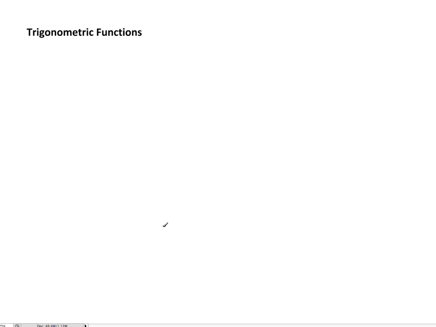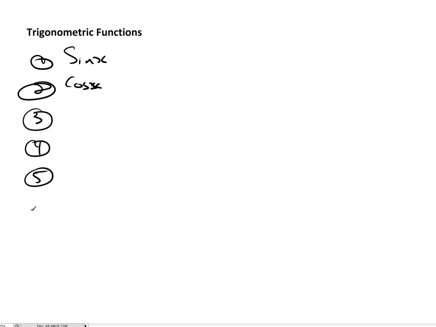Now, trig functions. The trig functions are sine x, cosine x. There's 6 of them. The other 4 are actually functions of sine and cosine. Tangent of x is sine over cosine.